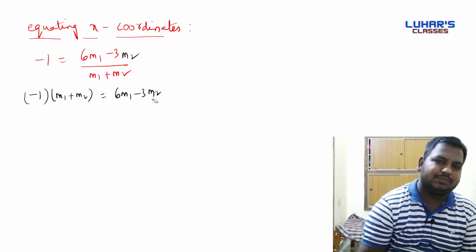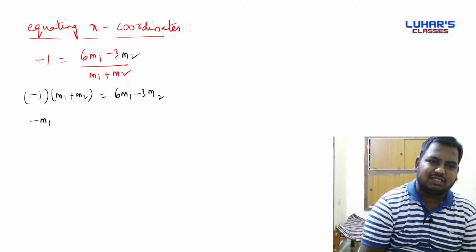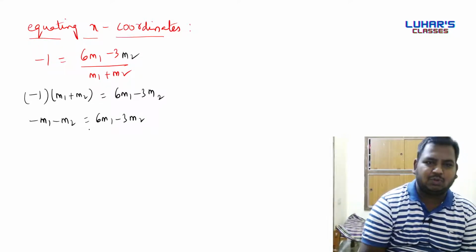So we are going to get minus m1, minus 1 into m1 is minus m1, minus 1 into m2 is minus m2, that is equal to 6m1 minus 3m2.